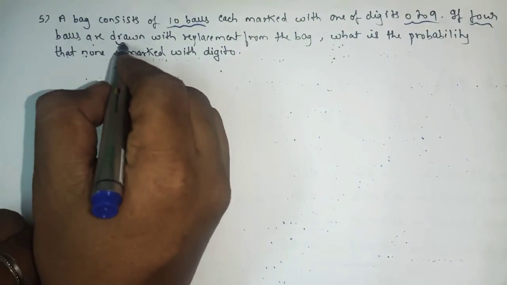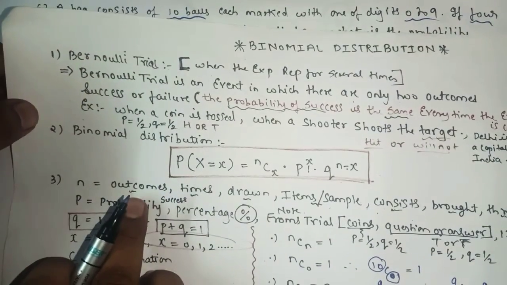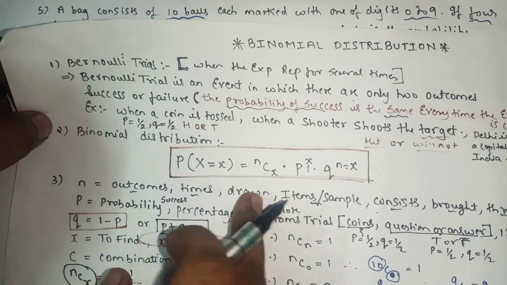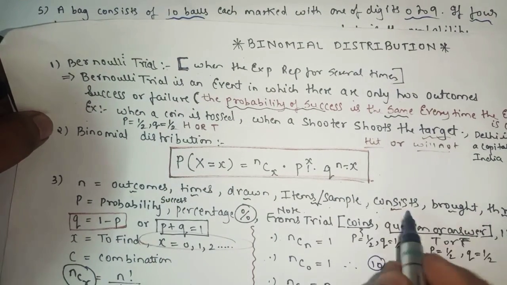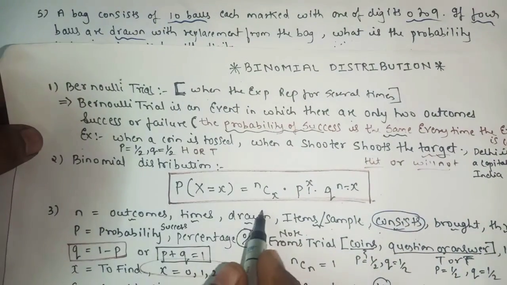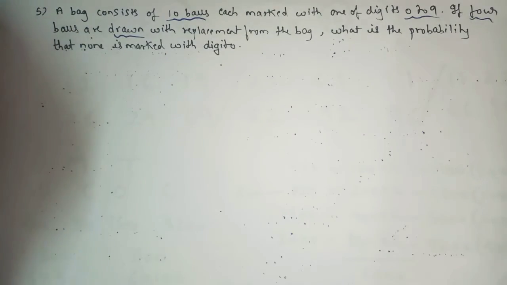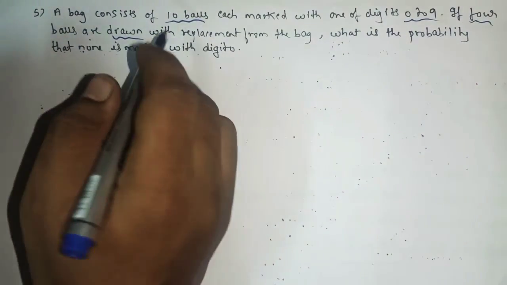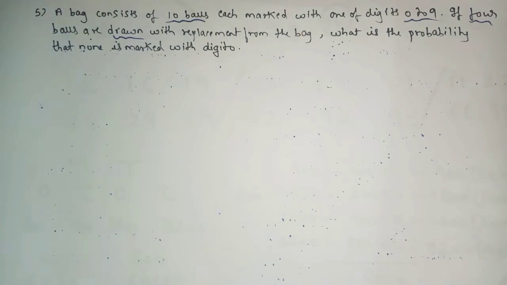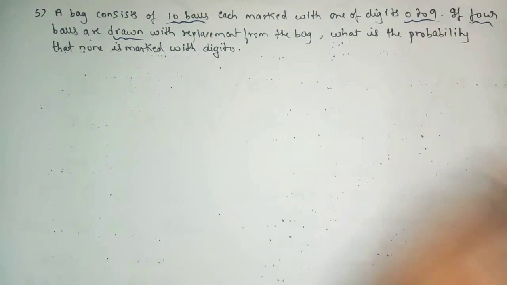balls are drawn. Now, as I told, whenever words like outcomes, times, drawn, items, samples, consist and drawn come, it actually means the value of n. But for a particular question the value of n will be only one: either it will be 10 or it will be 4.